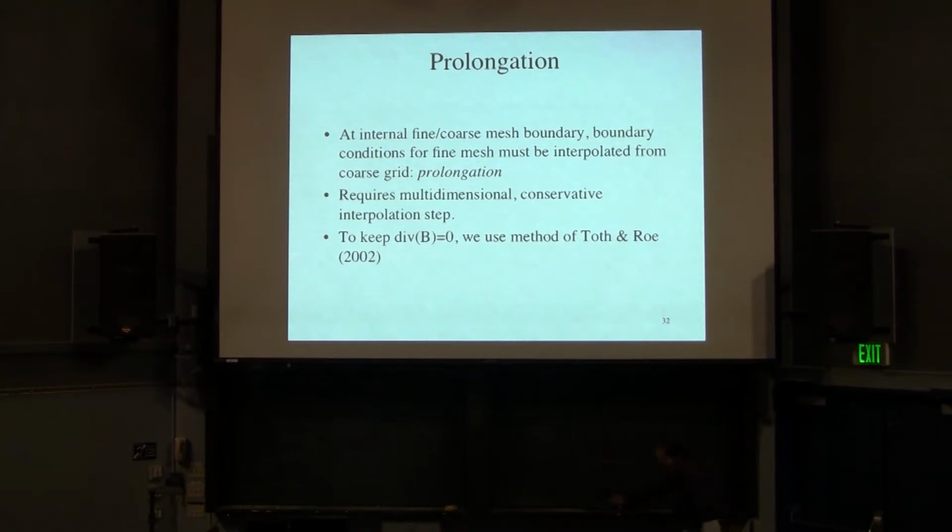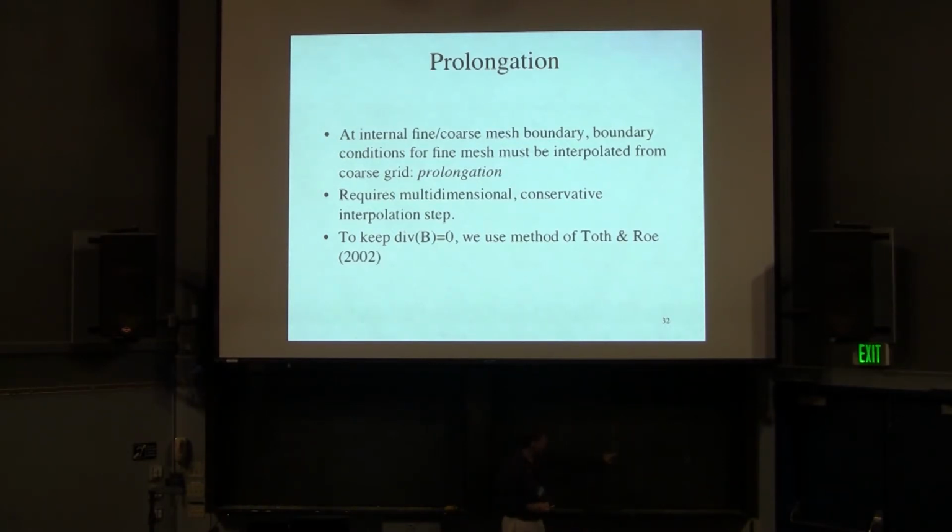Just so everybody is on the same page, what do I mean? Here's my coarse grid. Perhaps I have a fine-coarse mesh boundary here where I'm resolving this region at a finer mesh.